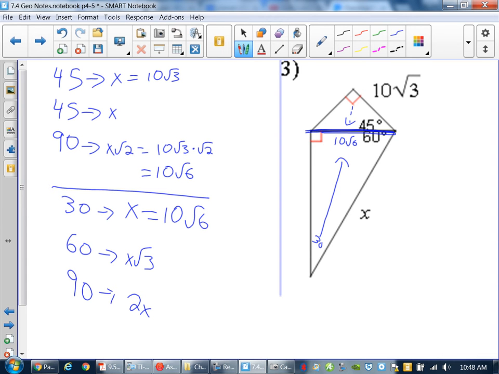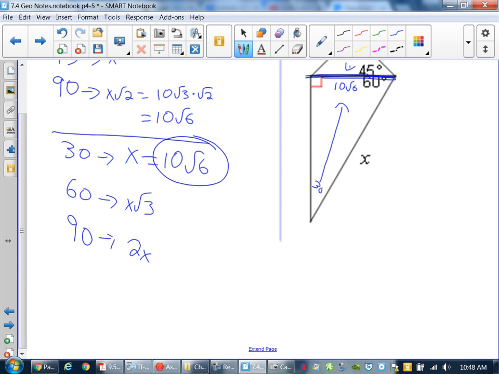I need to figure out the side opposite which angle in that triangle? The 90. So what do I have to do to the 10 root 6 to figure it out? Times it by 2. Very good. So all you do then is take this 10 root 6 value and multiply it by 2. Calculator does it for you, and you get 20 root 6. It is quite literally, you're given a spot to start with one of the special right triangles. Work your way to the other triangle and solve.